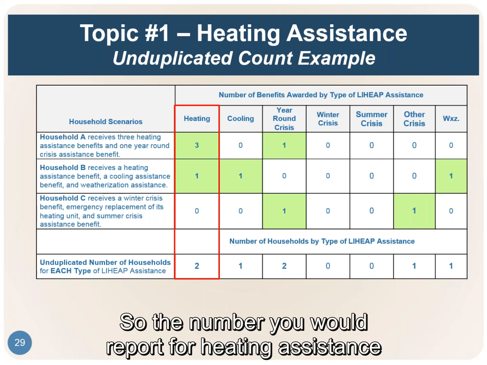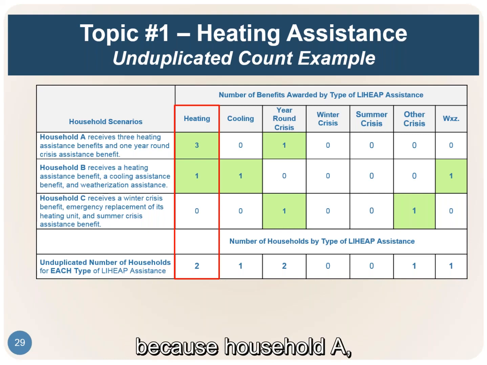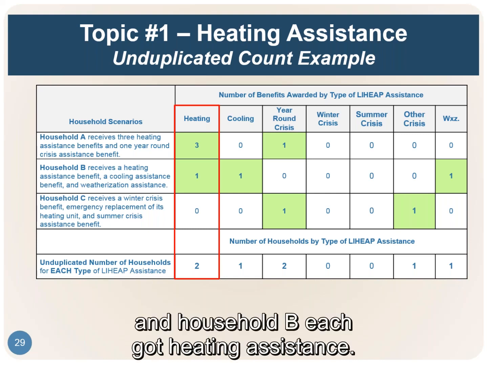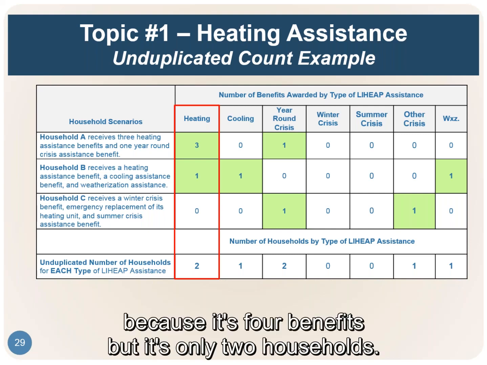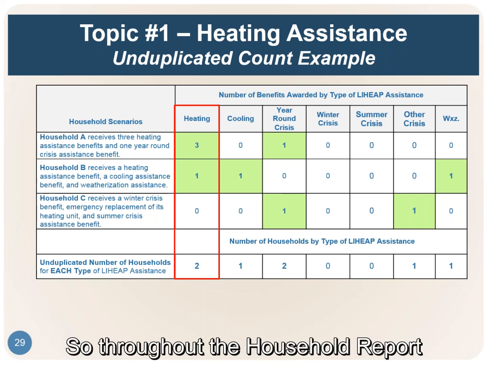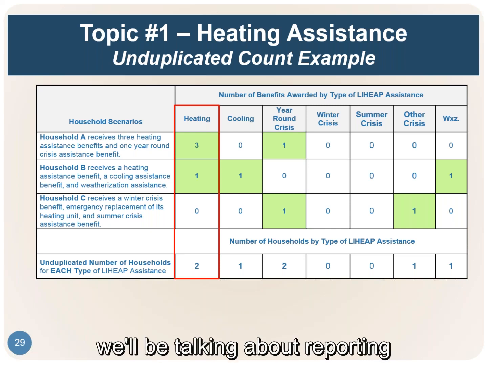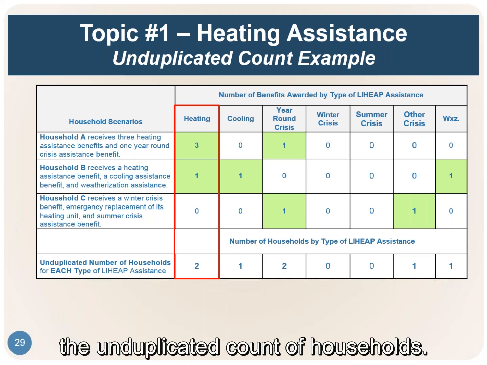So the number you would report for heating assistance is 2 households, because household A and household B each got heating assistance. You would not want to report 4 because it's 4 benefits, but it's only 2 households. So throughout the household report, we'll be talking about reporting the unduplicated count of households.